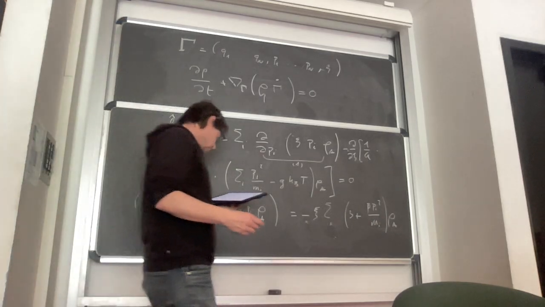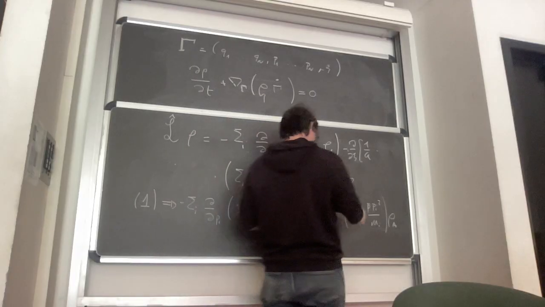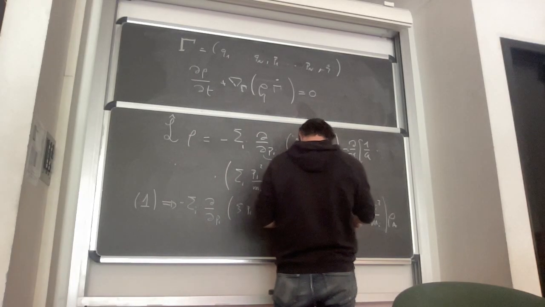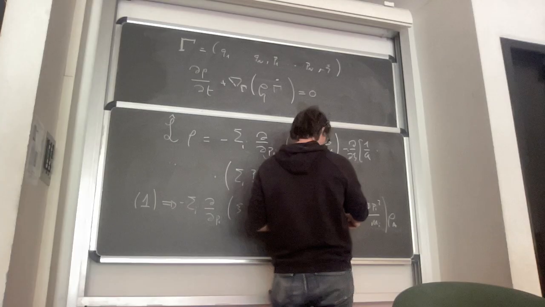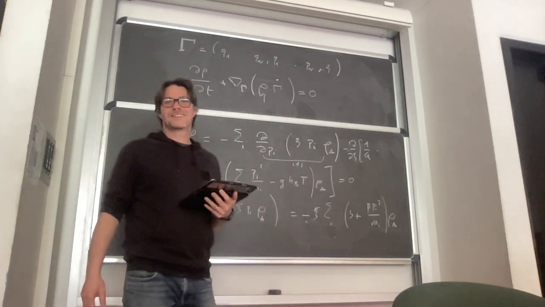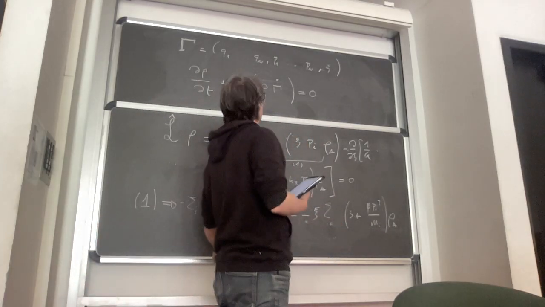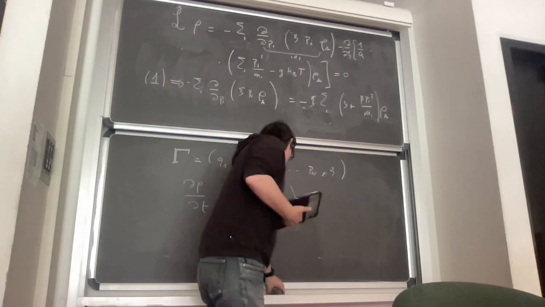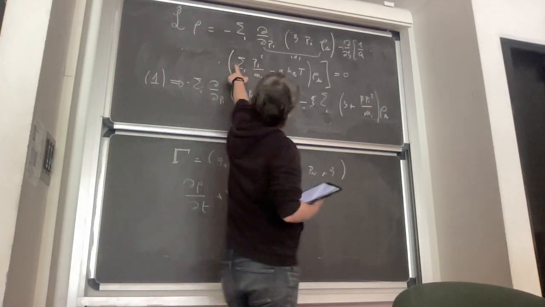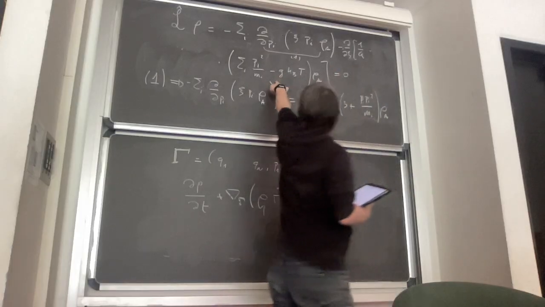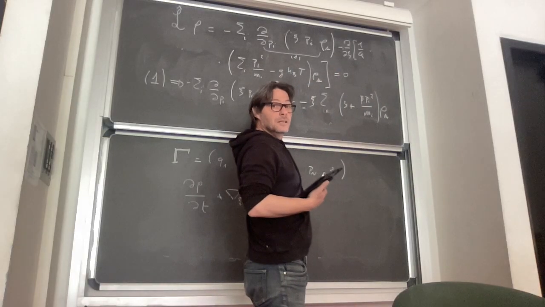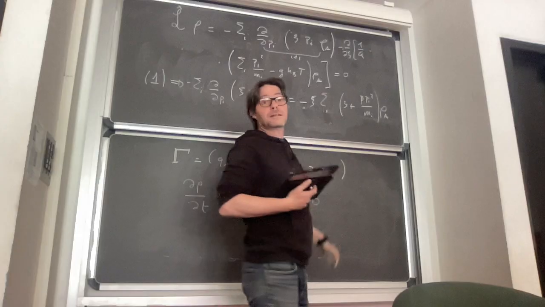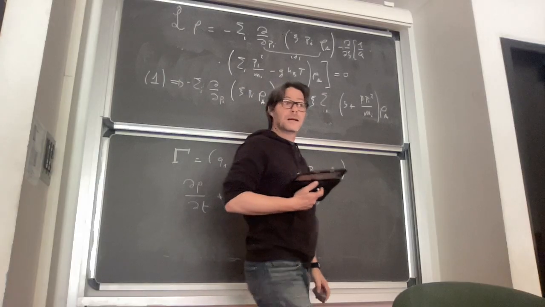Well, this 3 here comes from the fact that each momentum has its own component. And then I have the second term, which starts there and ends here. And the idea is to show that they cancel.